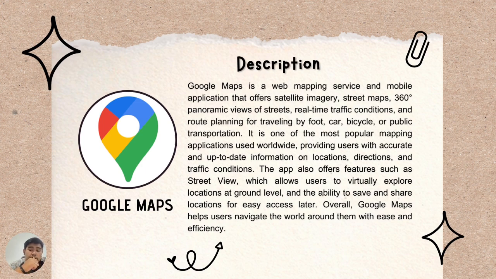The app also offers features such as Street View, which allows users to virtually explore locations at ground level, and the ability to save and share locations for easy access later. Overall, Google Maps helps users navigate the world around them with ease and efficiency.